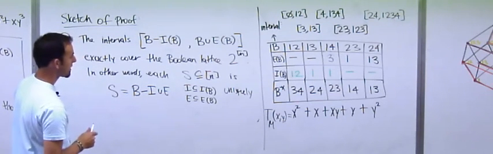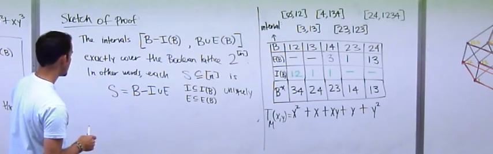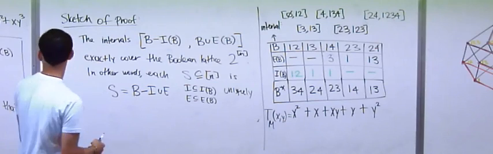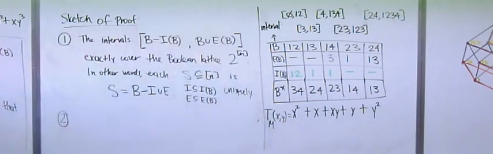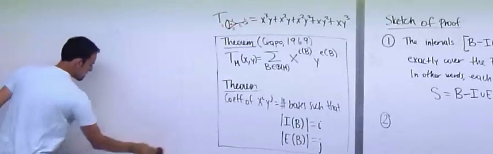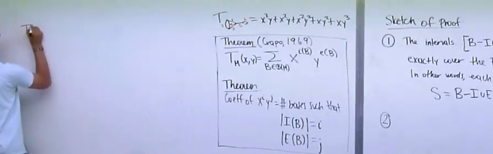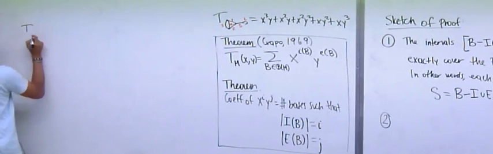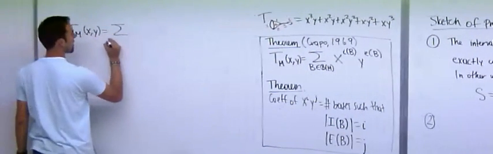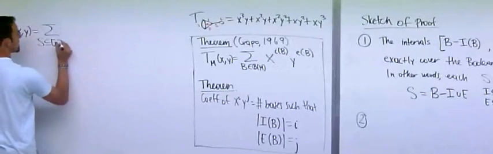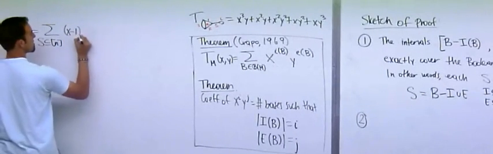And the second observation is that, I mean, what's the idea? Where are we trying to get here? The idea is that now I want to look at the top polynomial, right? The top polynomial is given by the summation over all subsets of my ground set of something.